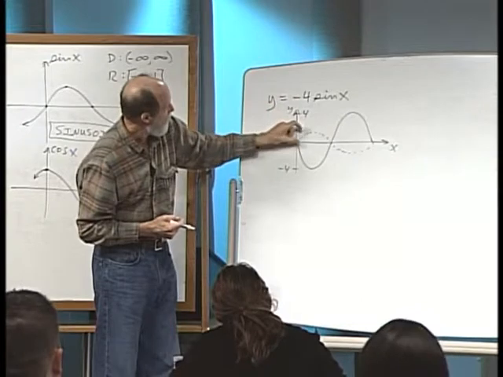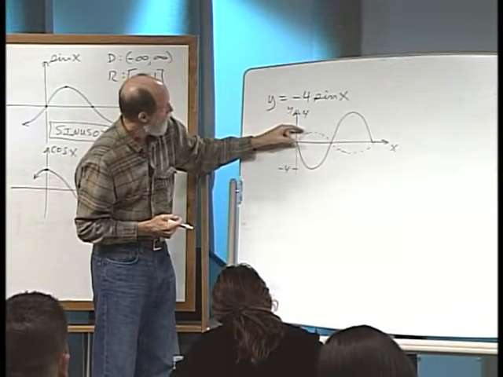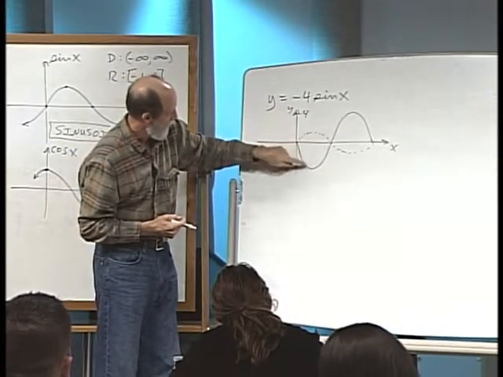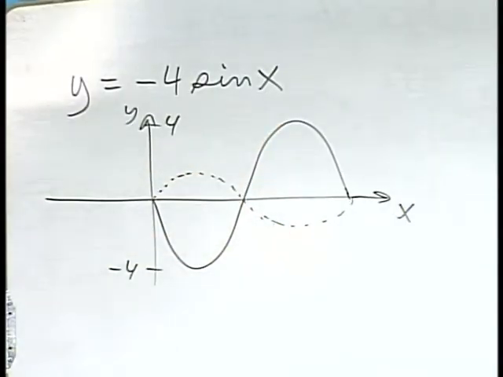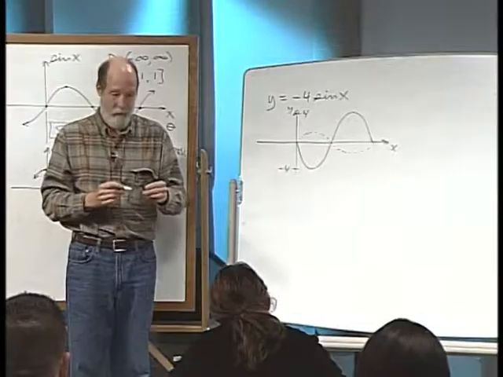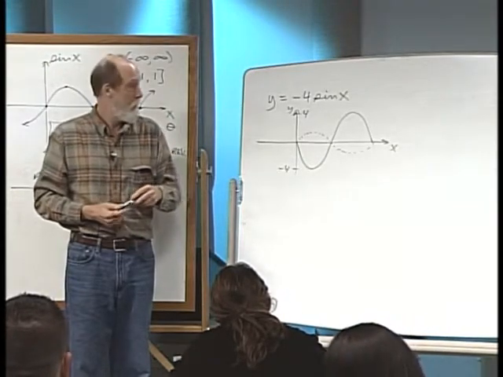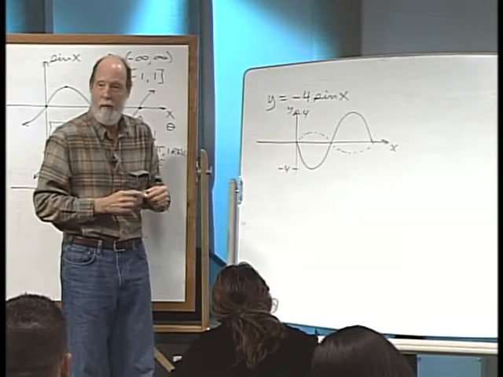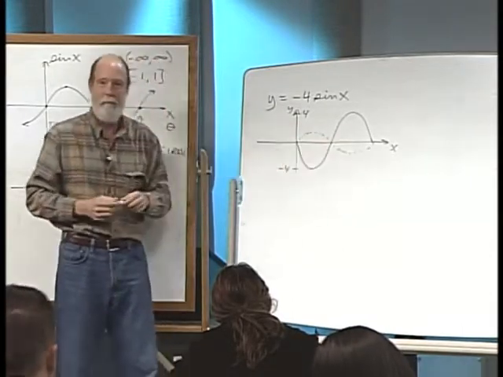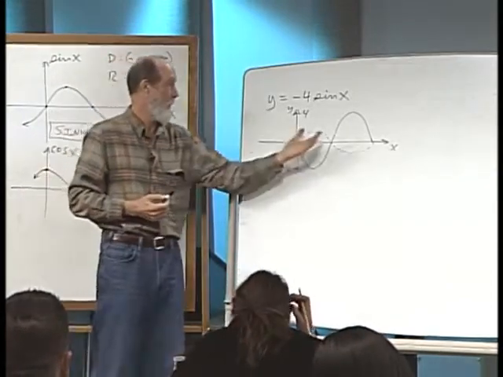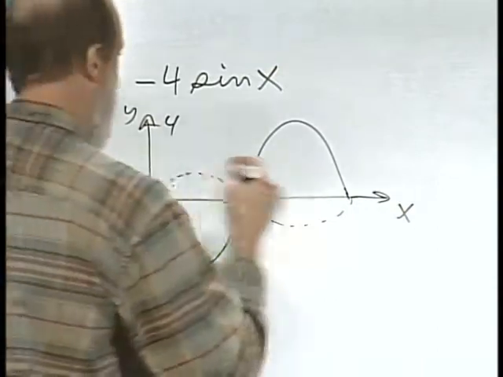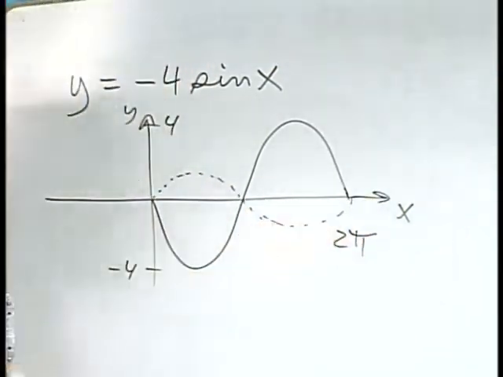And multiplying those values by -1 takes the positive portion and makes it negative, and the negative portion becomes positive. It's an upside down sine wave amplified by 4. Pretty quick. What's the period on this thing? Same as previously, right? There hadn't been any change in the period, so the period would be 2 pi if I stick with radian measure.